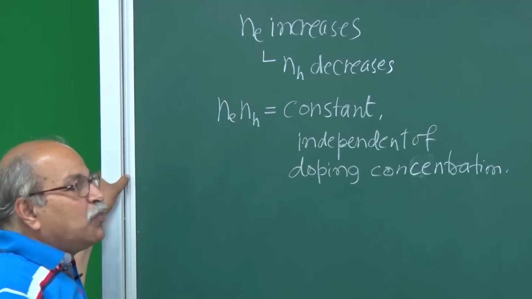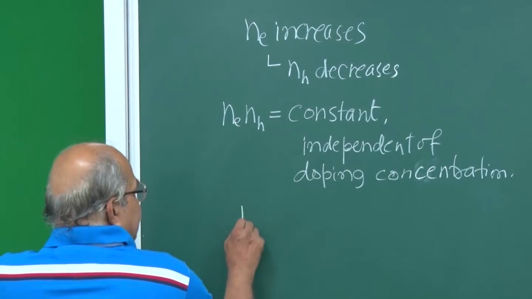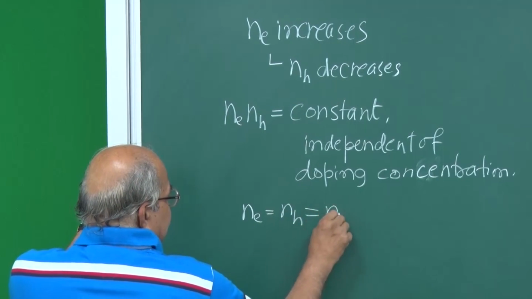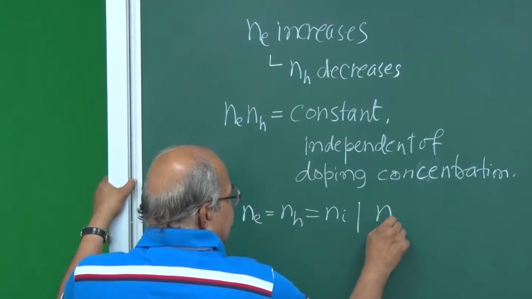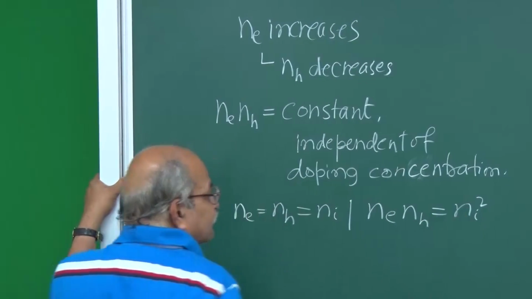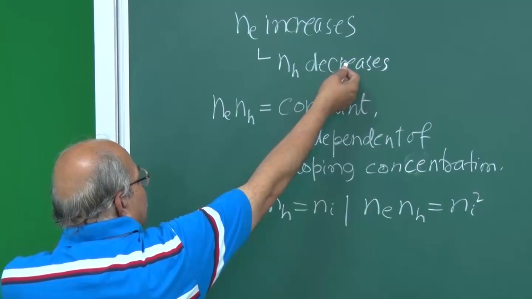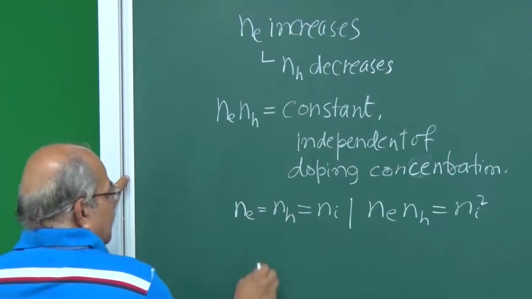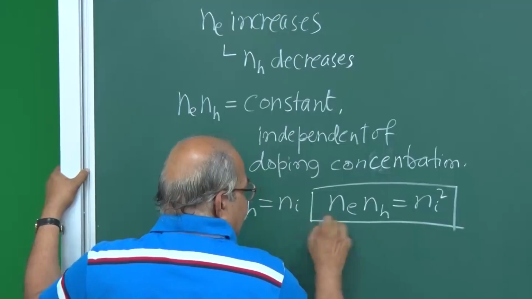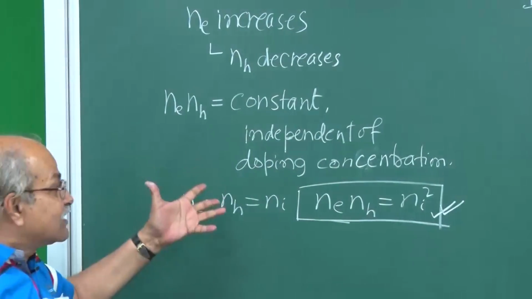If you do not dope and leave it intrinsic, then Ne is equal to NH, and we write it as equal to Ni. So Ne into NH is Ni square. When you dope, Ne has gone up, NH has gone down, but this relation still holds. This relation still holds for intrinsic or extrinsic.